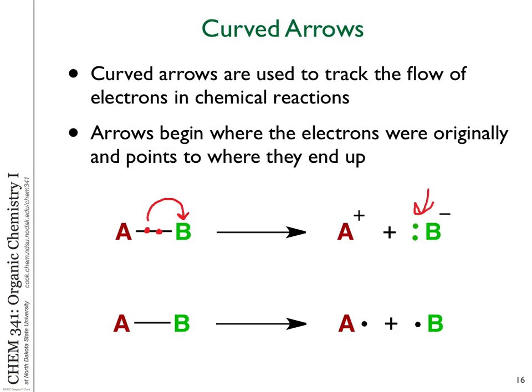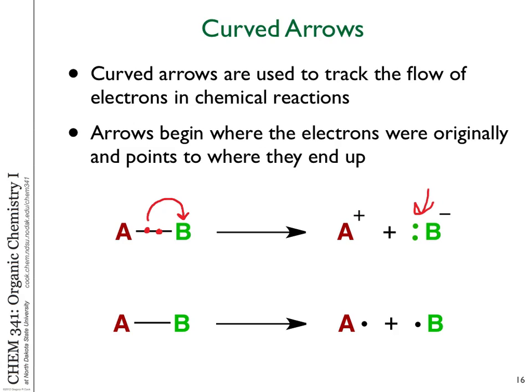Okay? Now notice I have another example here where instead of both electrons going to B, one electron went to A and one electron went to B. They've split apart in a homolytic bond cleavage to give what we would refer to as a free radical species. Okay, we have another way to represent the flow of electrons when it's only one electron moving.